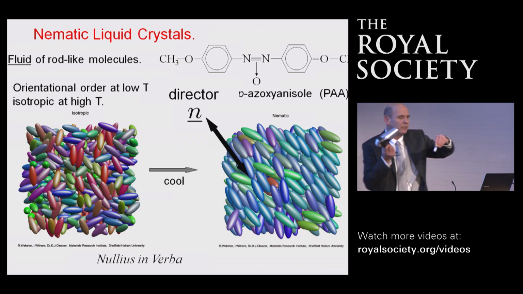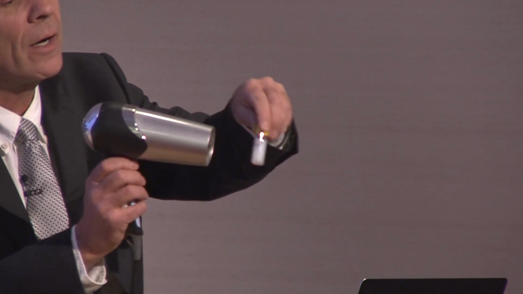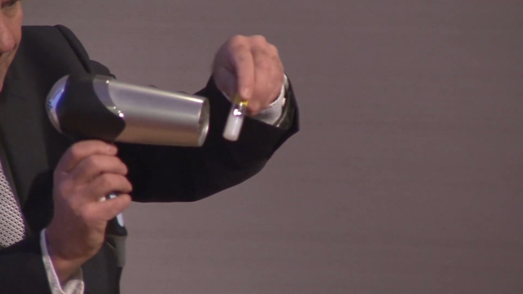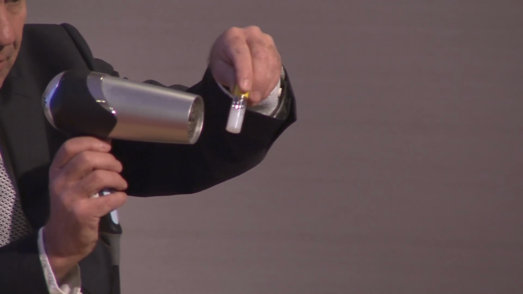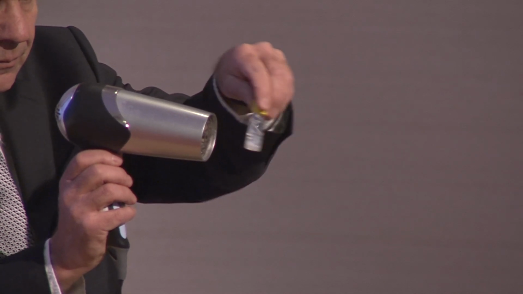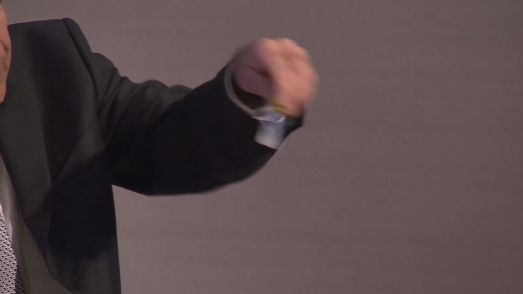So in the spirit of this, I shall demonstrate here a bottle of liquid crystal, and I'm heating it with a hairdryer. And what you will see is that fairly soon it will start going clear, which is the hallmark of the isotropic phase. And you can see at the top it's gradually clarifying, and now it's gone clear.